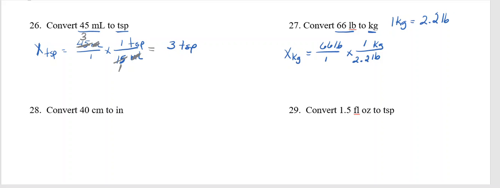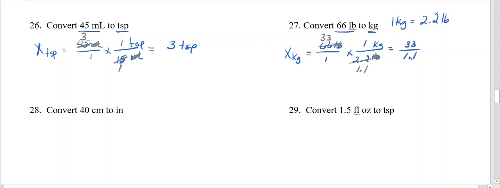Now I can cancel my units of measure, but I also know I can reduce. 2 will go into 2.2, and 2 will go into 66. So 2 goes into 2.2 1.1 times. 2 goes into 66 33 times. So that gives me, I still have to divide a little bit here, 33 divided by 1.1.